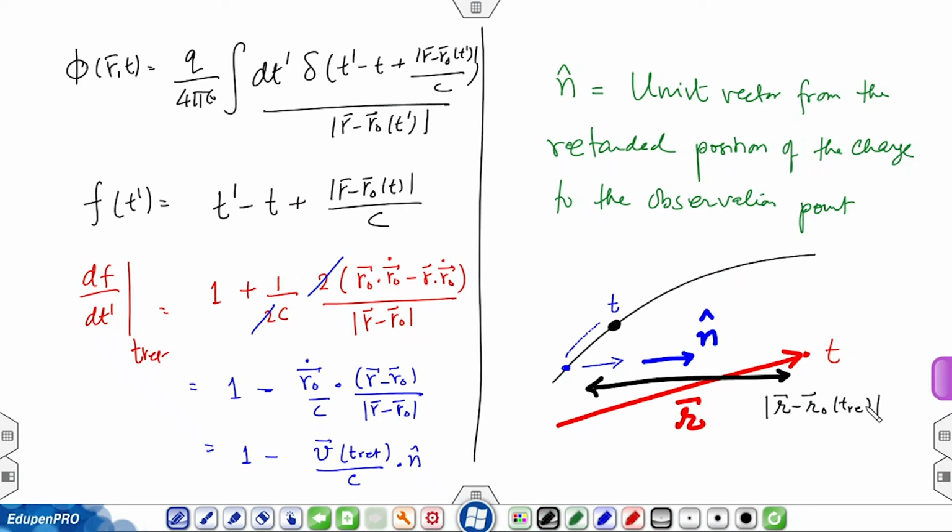And we have already written that t retarded is determined by this. T retarded is equal to t minus r naught t retarded divided by c.